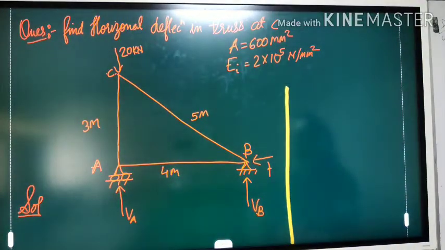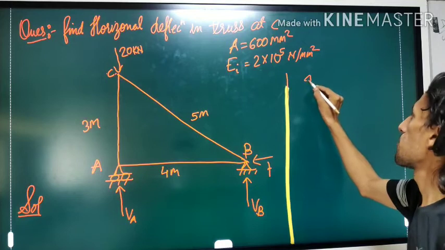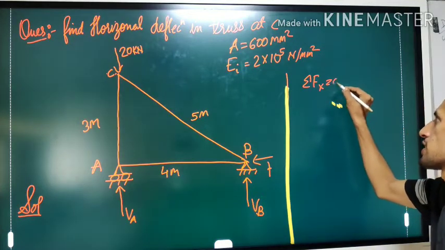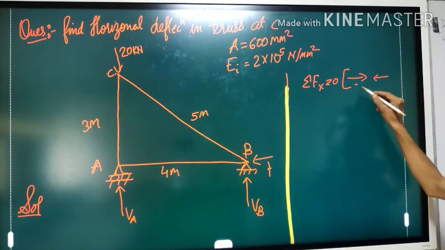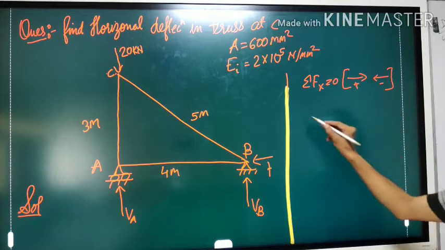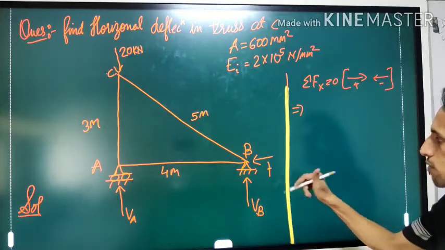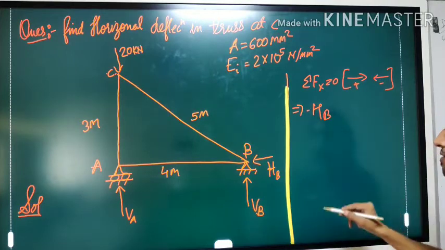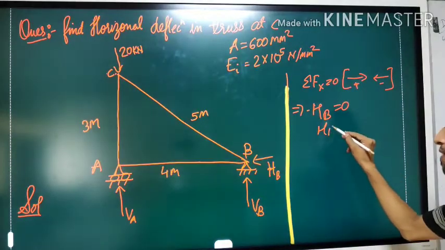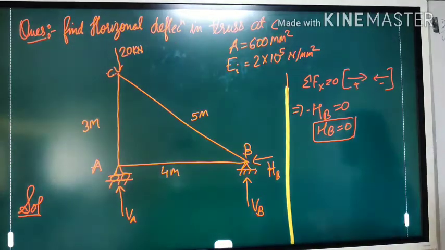First equation that I am applying is summation of forces in x direction is 0, and sign convention that I am taking is this one. So what are the horizontal forces in the system? Only one force is there, HB. So HB, which is in negative direction, so the value of HB is 0. So I have calculated the first reaction, this value is 0.